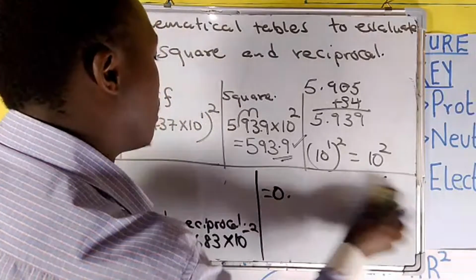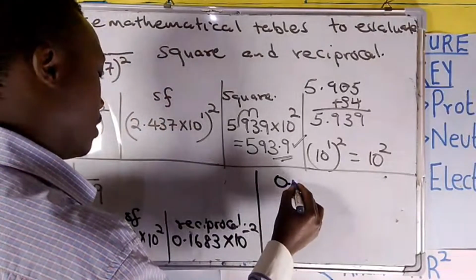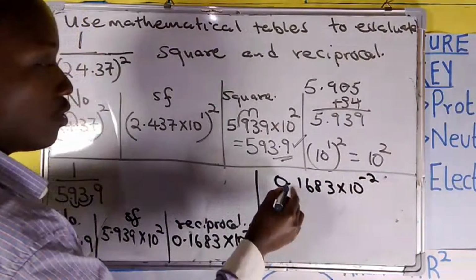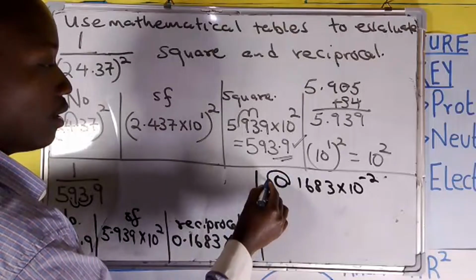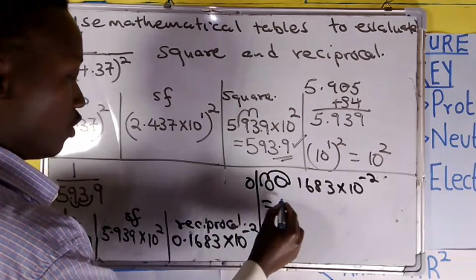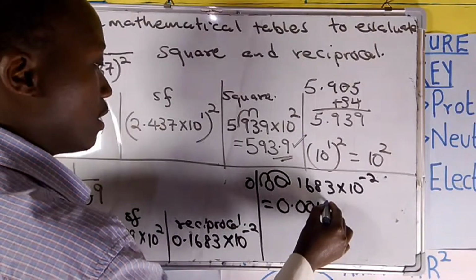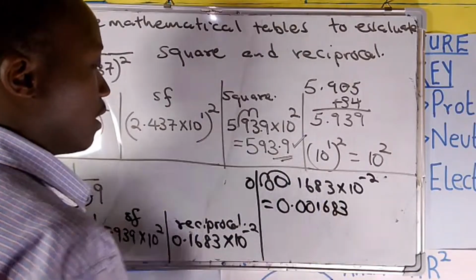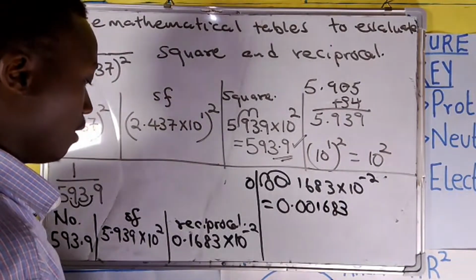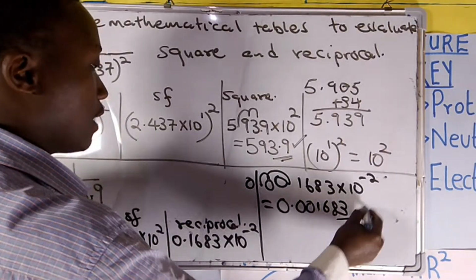Let us do it here. It is 0.1683 times 10 to power negative 2. So we take the decimal back two places, 1, 2, then a 0. So it will be 0.001683. Yes, that is what is going to be our answer.